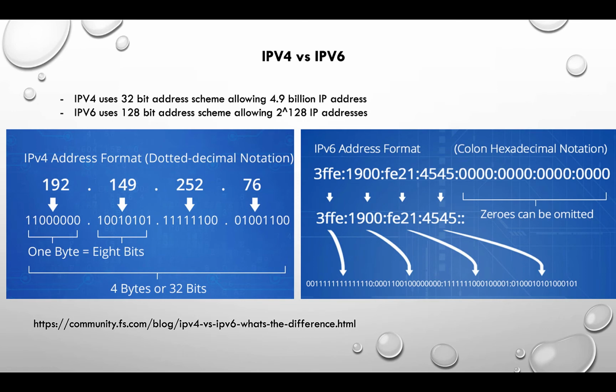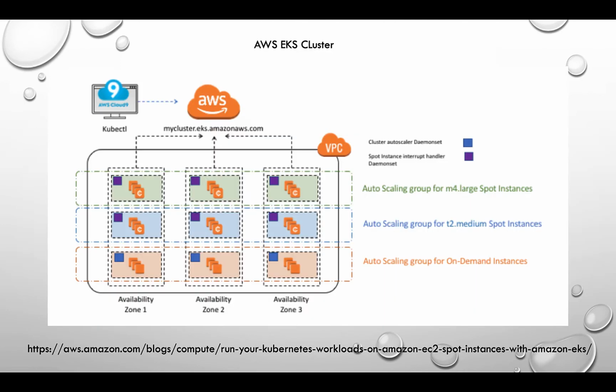So in this, I'm going to take an example of AWS EKS clusters. I picked this and provided the link on the slide, and I will attach the slide and the links to this recording.